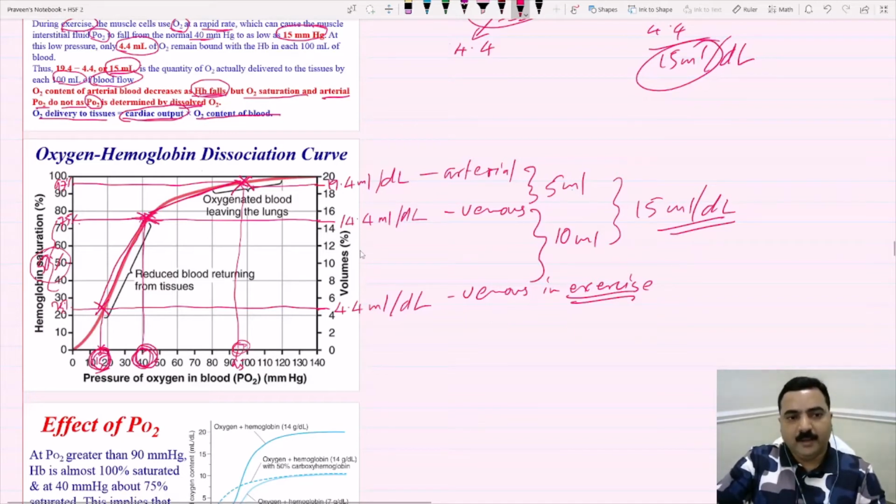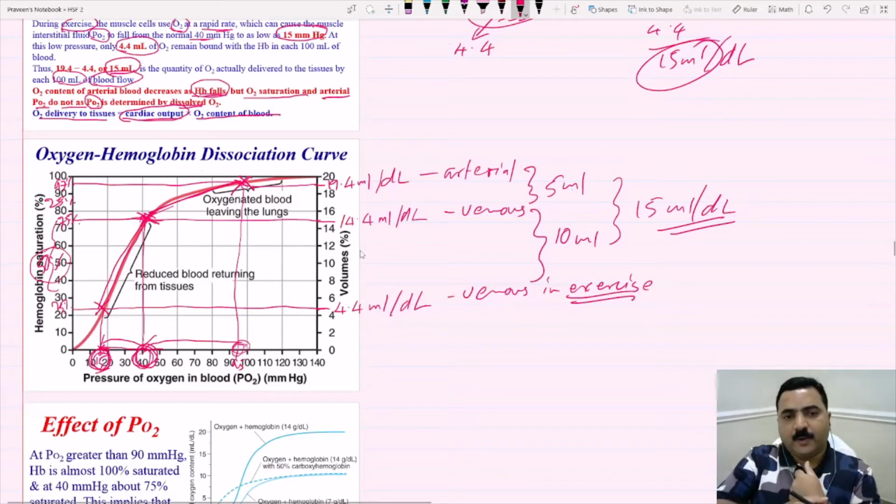So why does hemoglobin have this property? In the beginning, even though there is a huge change in the partial pressure of oxygen, falling from around 95 to 40, a difference of approximately 55, you are dissociating only about 25 percent. But when the partial pressure of oxygen falls below 40, the hemoglobin changes its property and dissociation is very much increased.